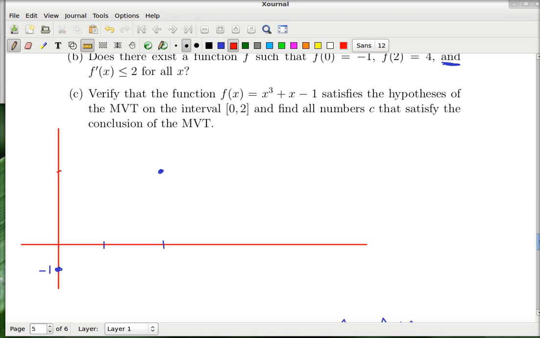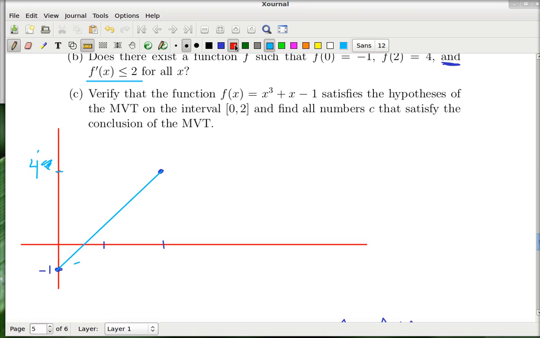All right. So what does the mean value theorem have to do with anything? Remember, this is the height. It's supposed to be 4. Oh, shoot, I have my ruler tool on. Okay, so here's the height 4. And the mean value theorem has something to do with this line. We have this condition here that says that the derivative can never be greater than 2.